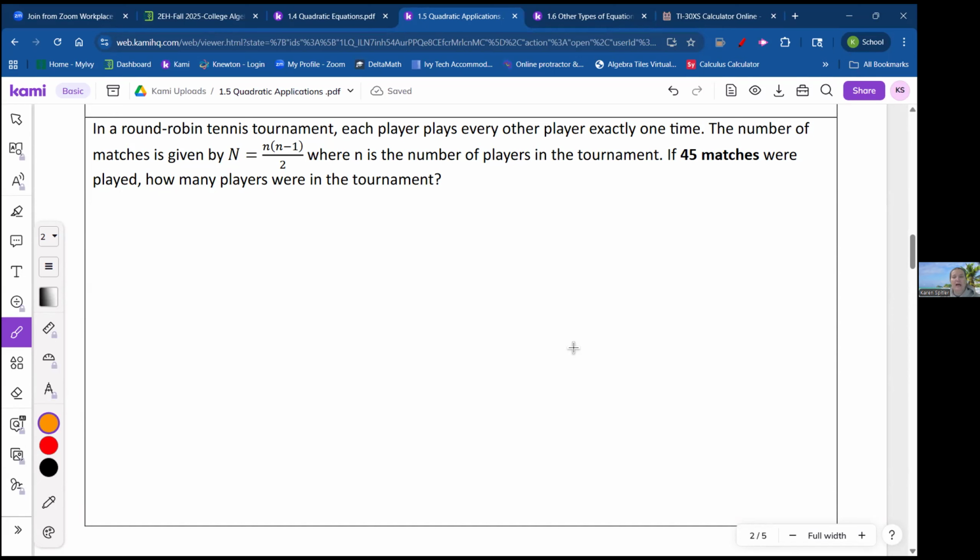If 45 matches were played, how many players were in the tournament? So capital N is the number of matches, and the number of players is little n. I have 45 matches, that's capital N. So I have 45 is equal to little n times n minus 1 over 2.